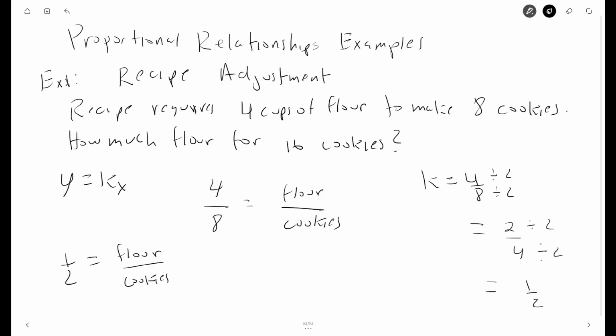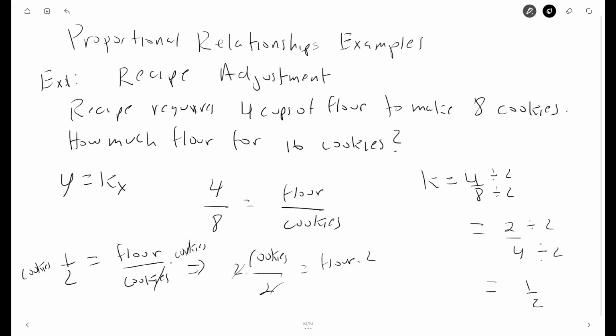So we can form an equation. If I multiply both sides by cookies, the cookies cancel on one side, and we're left with cookies over 2 equal to flour. And we want to solve for cookies, so I just need to multiply both sides by 2.